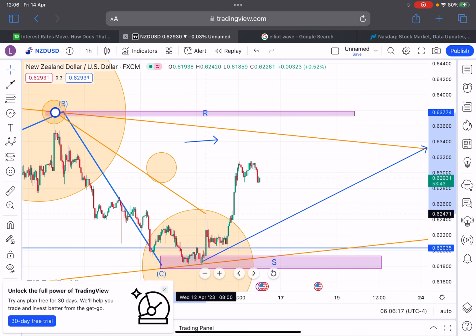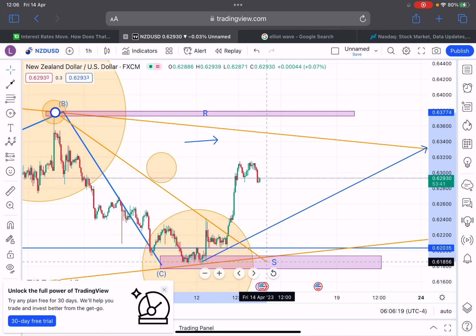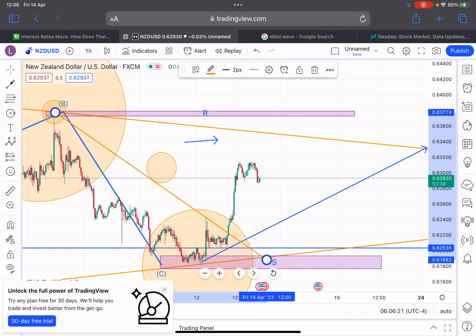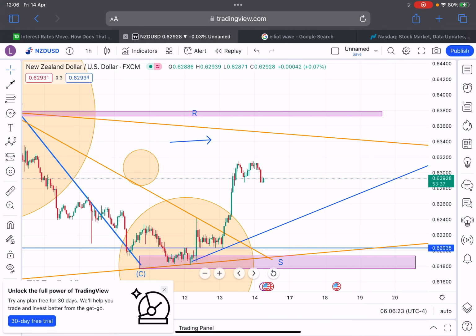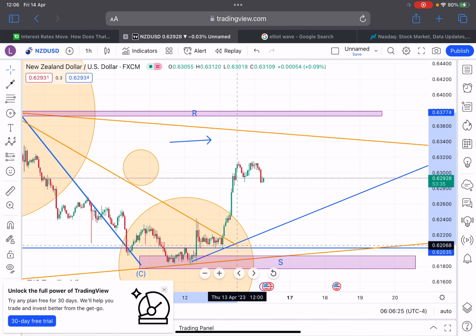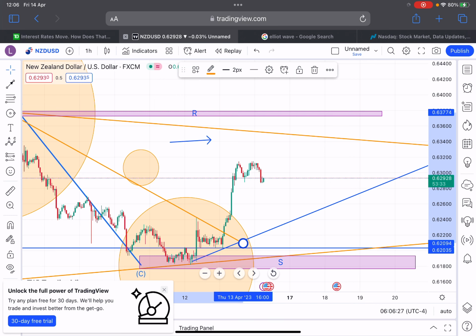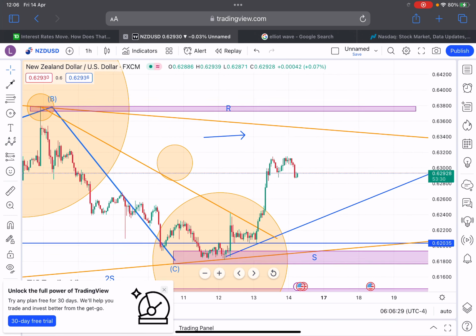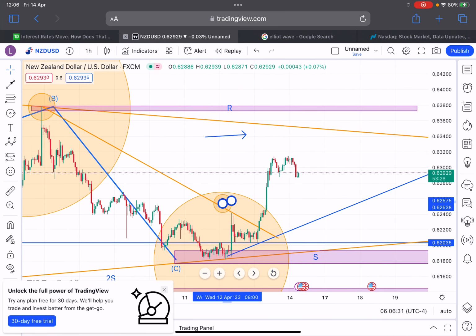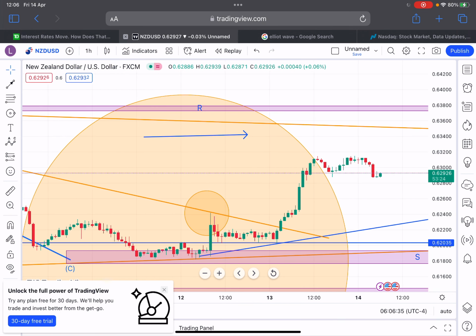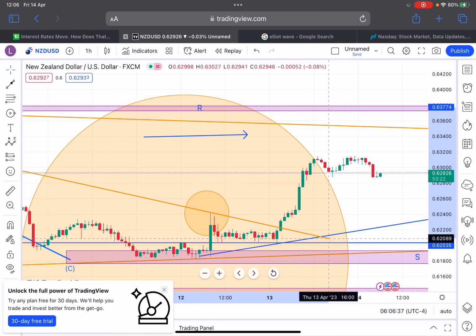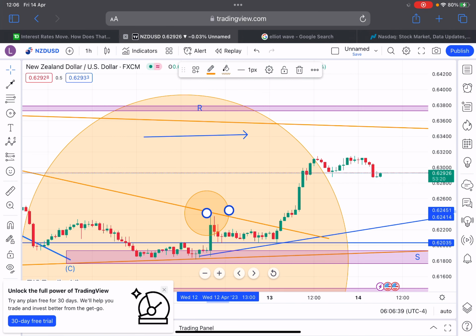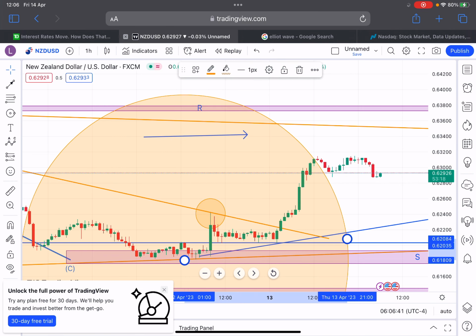Let's use this as our touch 2 and then extend our trend line like this. So this is our touch 2 right here. Let me zoom in so that you will see. So this touch, and then look at our touch 3.